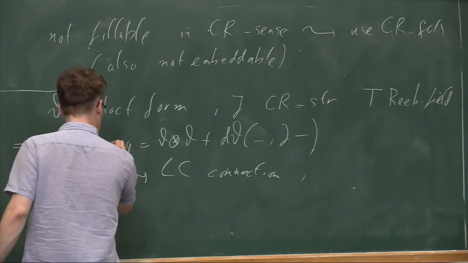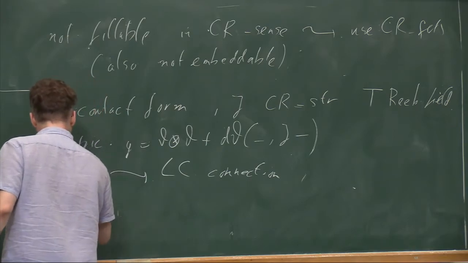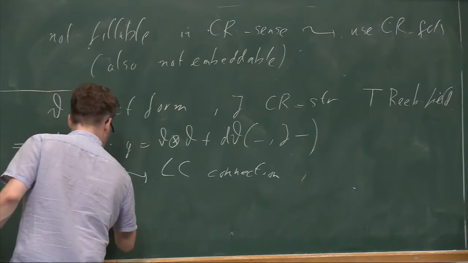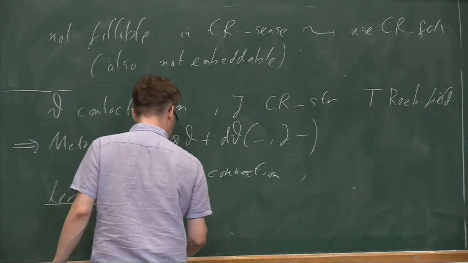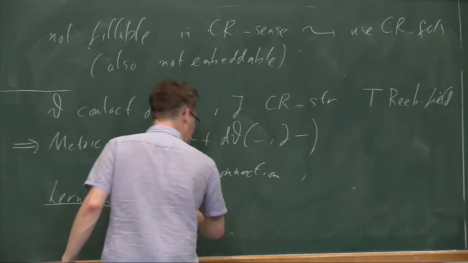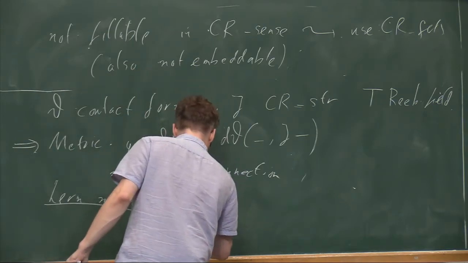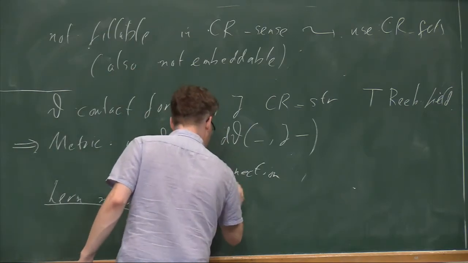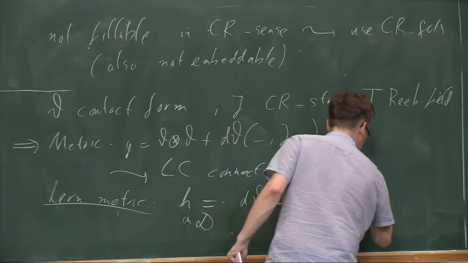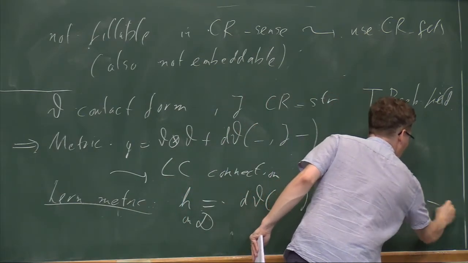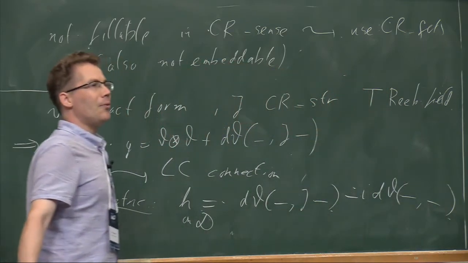What motivates the other connection? Well, we also have a Hermitian metric, let's call it H, on V, and it's given by, well, you can guess. Here's our Hermitian metric.